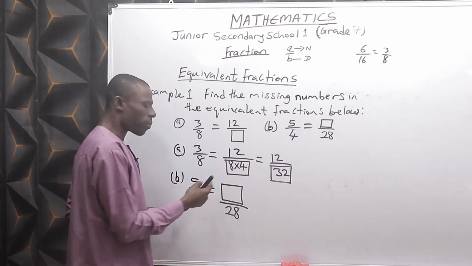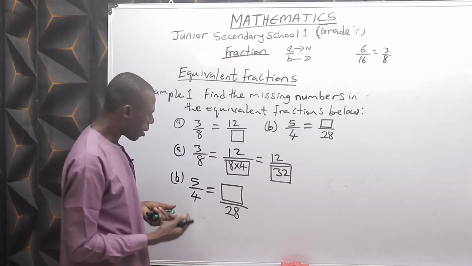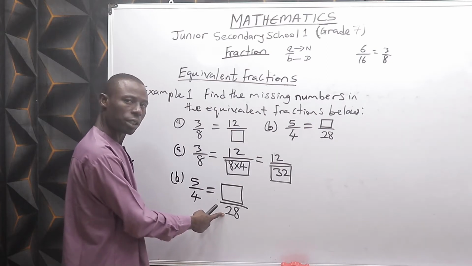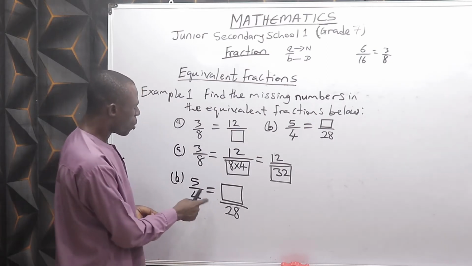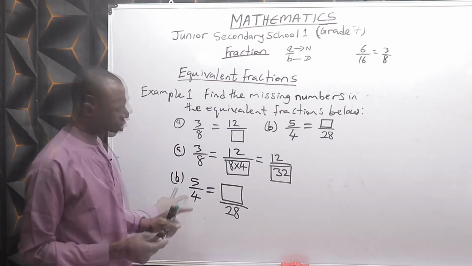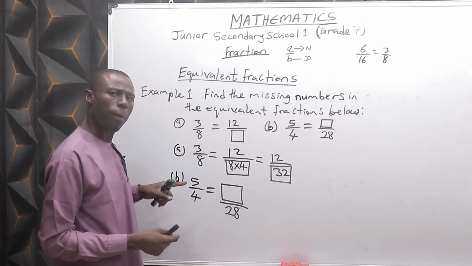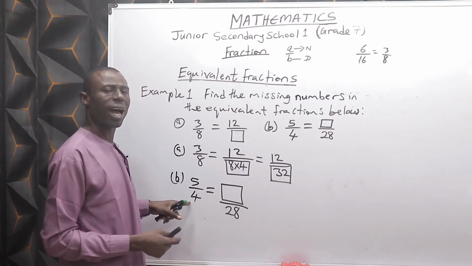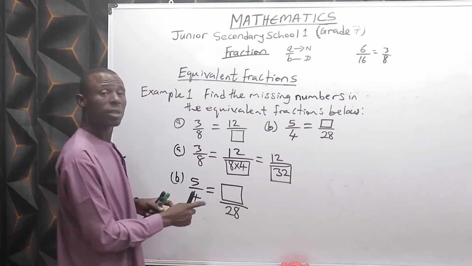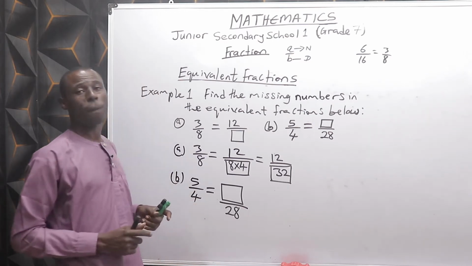Well, if you don't know the something in the numerator part, after all, you know 28 at the denominator level. So you now ask yourself, what multiplies this 4? Something happens to this 4 that makes it metamorphosize into 28. That is 7. 7 multiplies this 4.